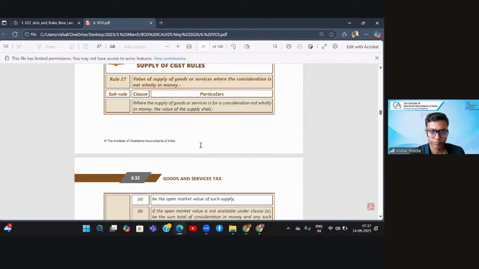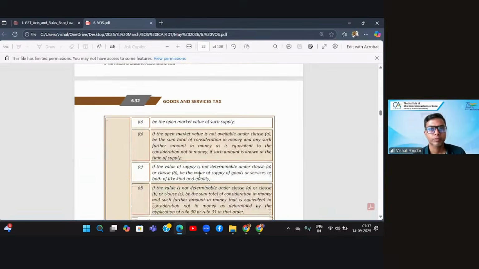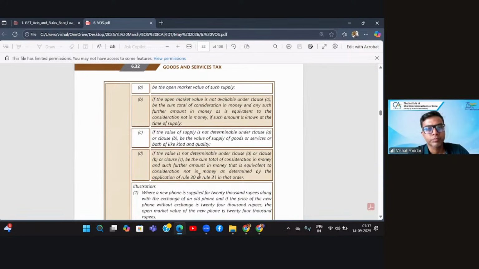Where the supply of goods or service is for consideration not wholly in money, the value of supply shall be: clause (a), the open market value of such supply; clause (b), if the open market value is not available under clause (a), the sum total of consideration in money and any such further amount in money as is equivalent to the consideration not in money, if such amount is known at the time of supply.